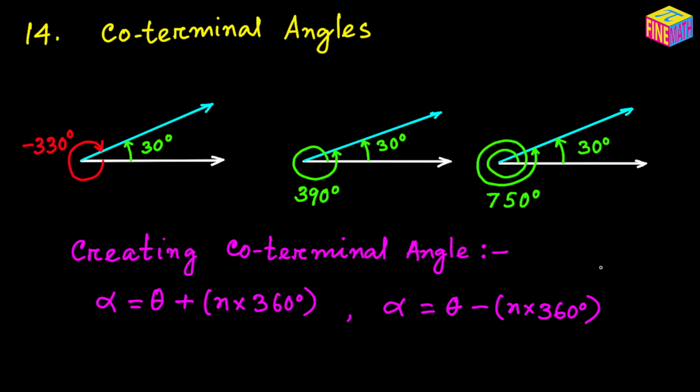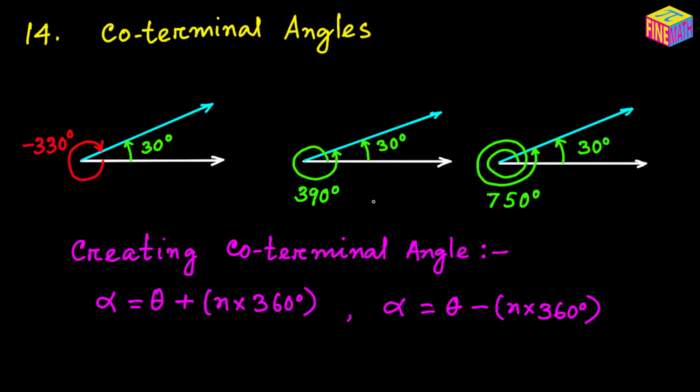Next, we are going to talk about coterminal angles, which are two angles having the same terminal side, meaning they both share the terminal side. For example, in the first picture, we have a positive 30 degree and a negative 330 degree angle, and both angles have the same terminal side, which is the light green color. Because both angles are sharing the same terminal side, those angles are called coterminal angles.